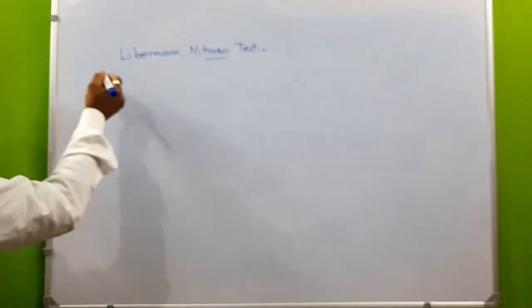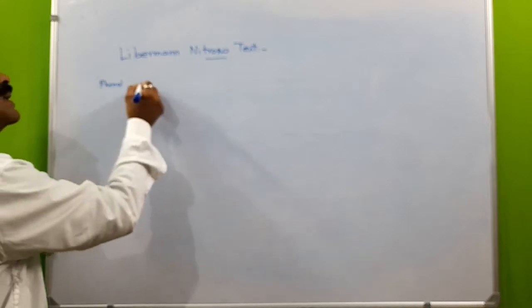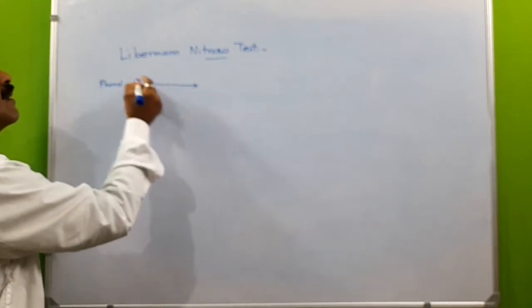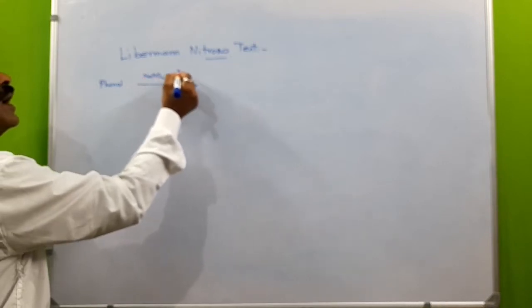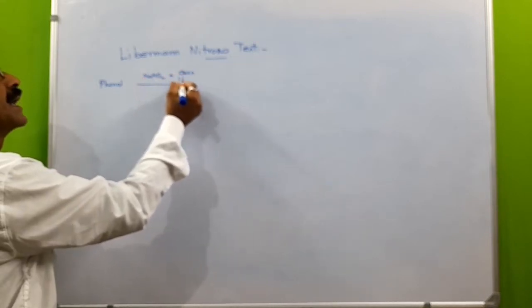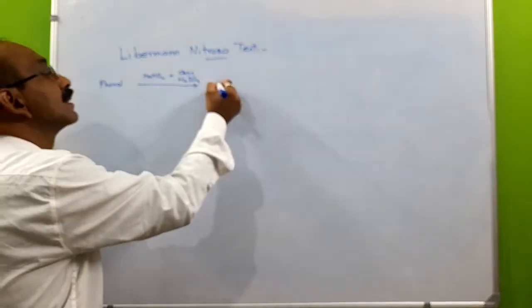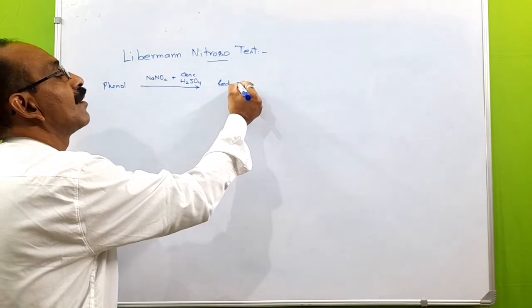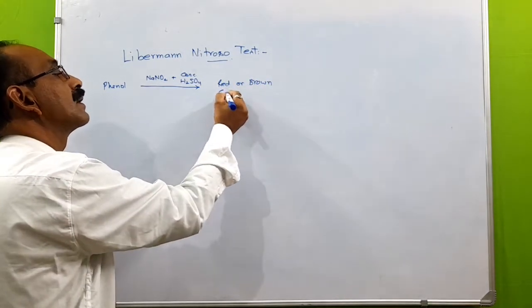What happens here? When a phenol is treated with NaNO2 and concentrated H2SO4, we obtain a red or brown coloration.